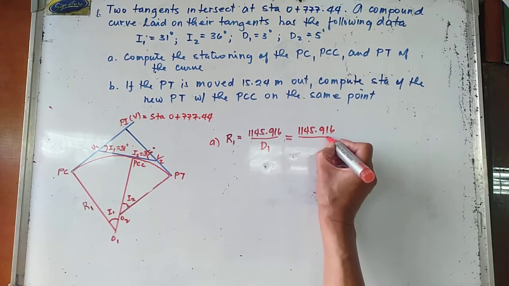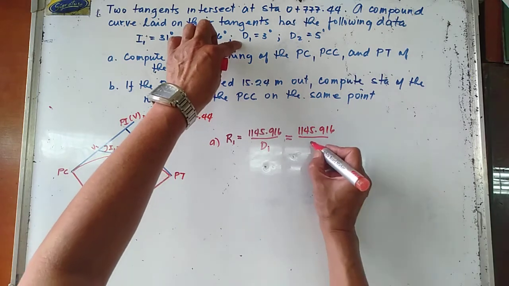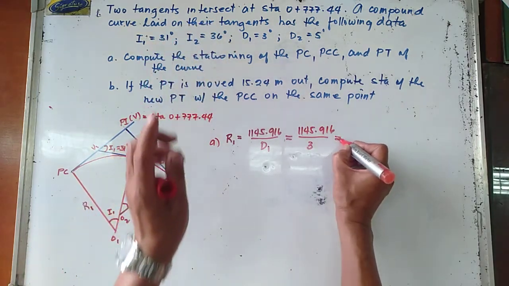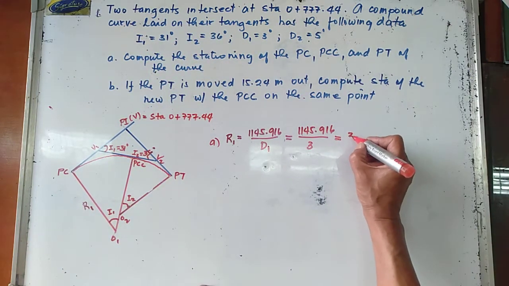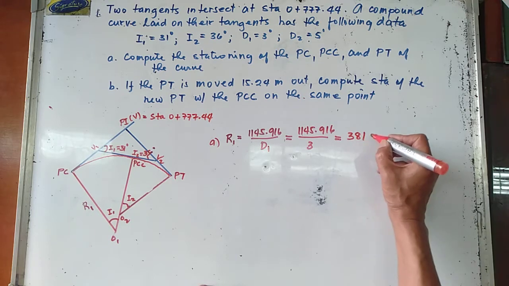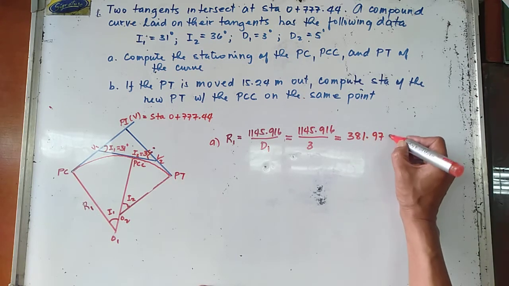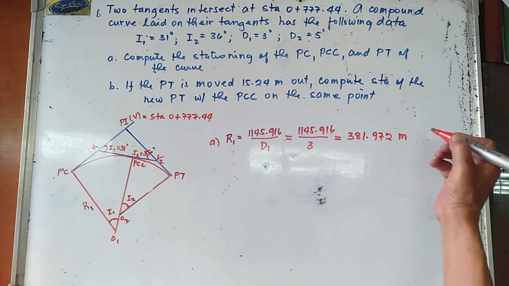D1 is 3 degrees, and this is therefore equal to 381.972 meters.